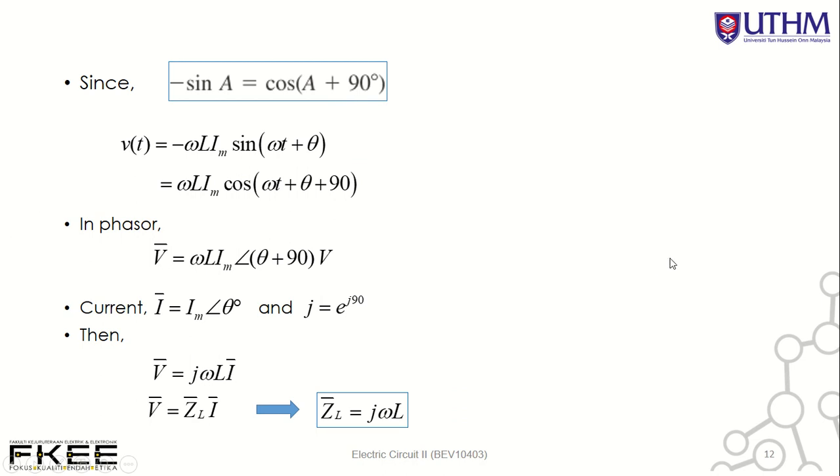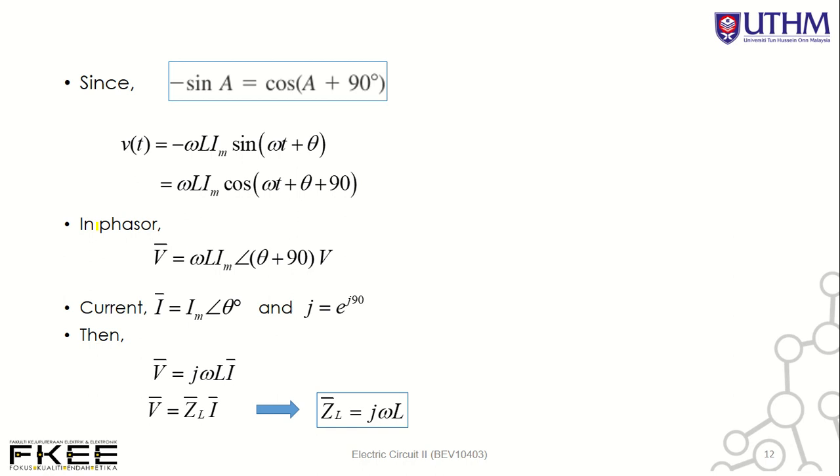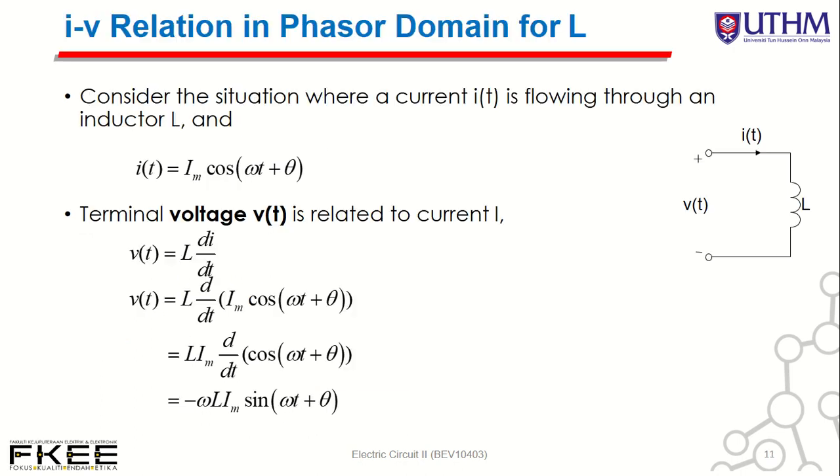So in phasor form we can write V equal to omega L Im, and what is the angle? Theta plus 90. Previously we had a current Im angle theta.